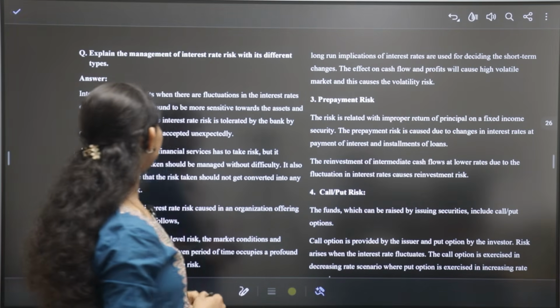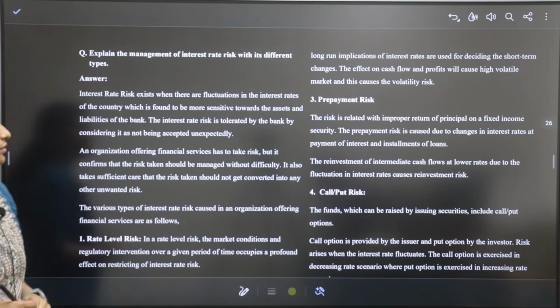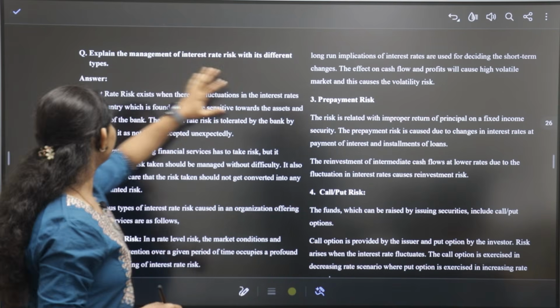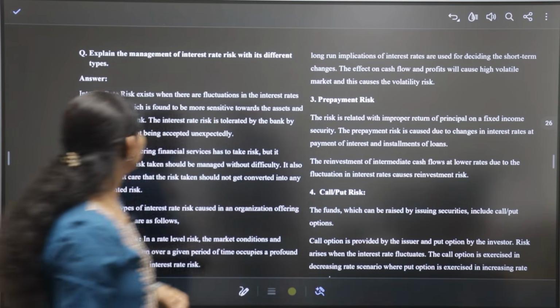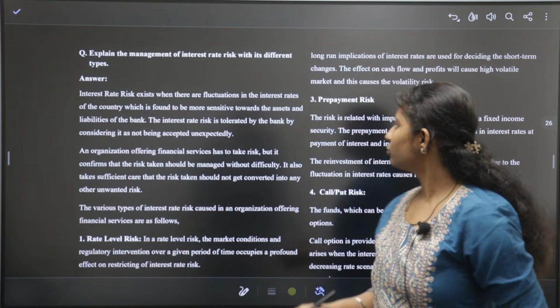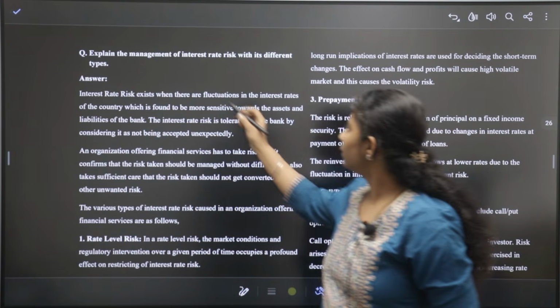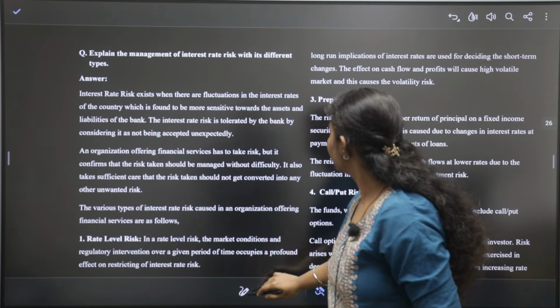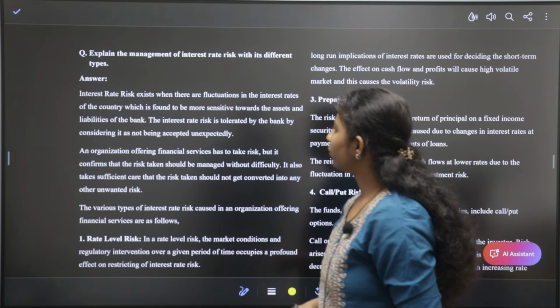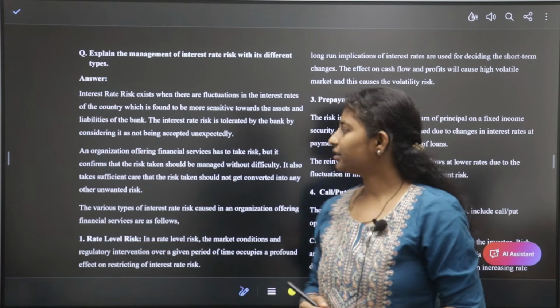Next we have the question: explain the management of interest rate risk with its different types. Let's see interest rate risk.